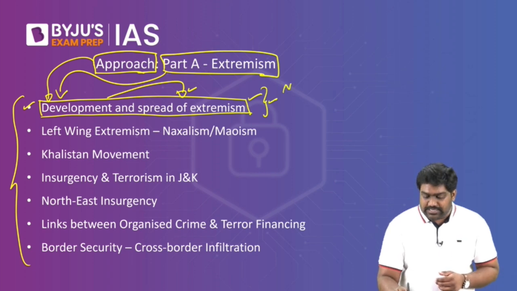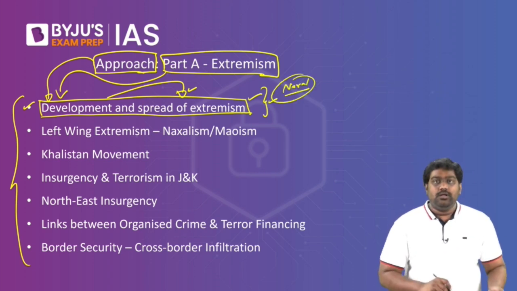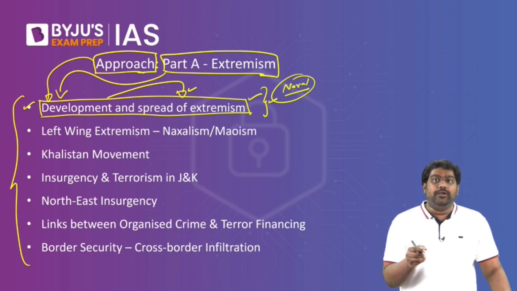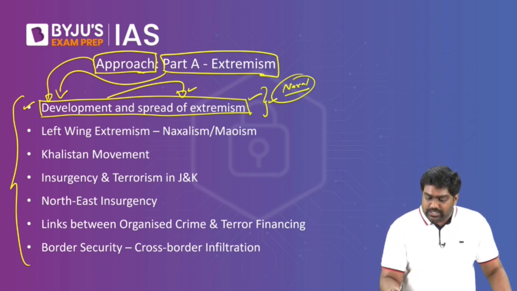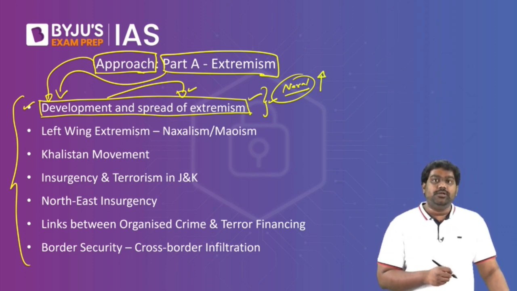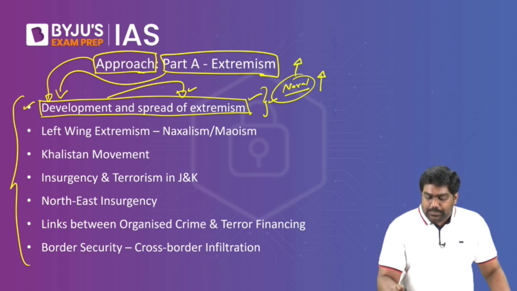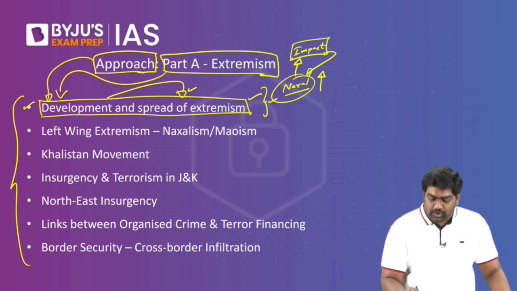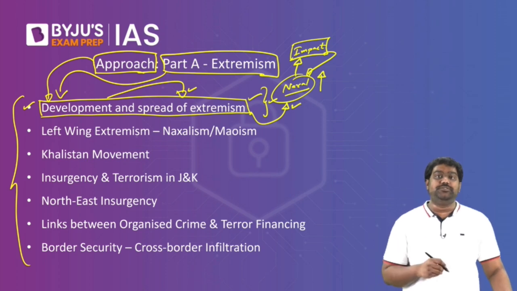Take, for example, the Naxal corridor of India. How poor governance, poor development directly contributed to the rise of Naxalist ideology. Understand the impact of various government policies on tribal communities and farmers in the region and how it played a role in the rise of left-wing extremism.